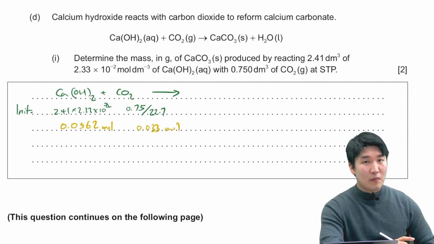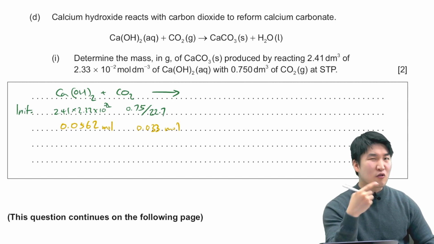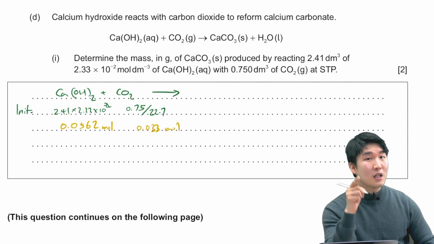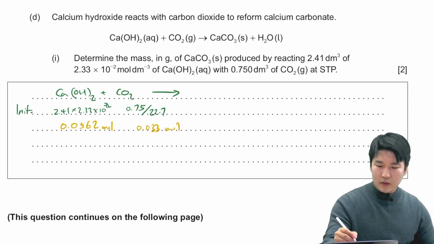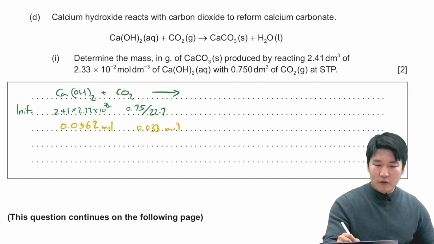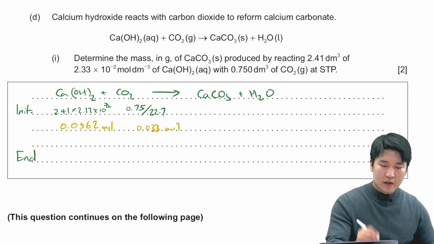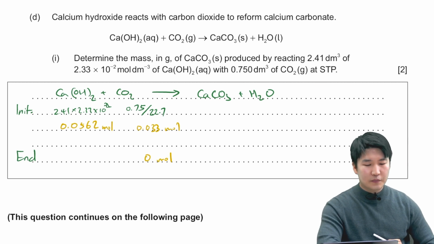Comparing the two amounts, we can tell calcium hydroxide is in excess. Calcium hydroxide amount is greater than the amount of carbon dioxide. Carbon dioxide is the limiting reagent, meaning that at the end of the reaction, we will have 0 mole of carbon dioxide.